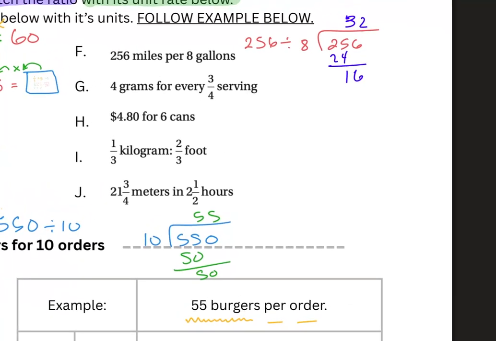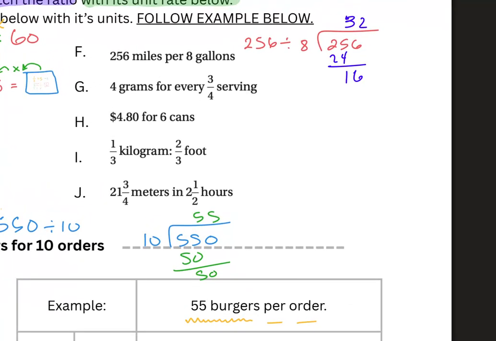4 grams for every 3/4 serving. 4 divided by 3/4. 4 times 4/3. I kept, changed, flipped. So I get 16 thirds, which is 5 1/3, by the way.